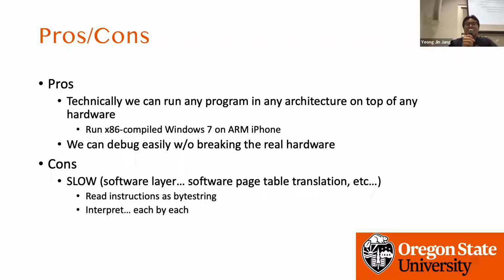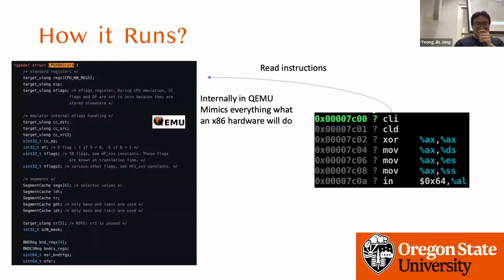But the problem is, think about it. The execution is something like: whenever we have a single instruction, it will call handler CLI, and then run a few lines of code to update the CPU status. That means whenever we run one instruction, we might run 20 or 40 instructions.